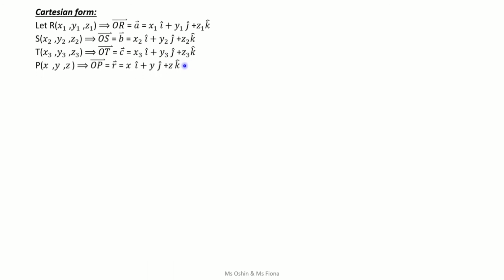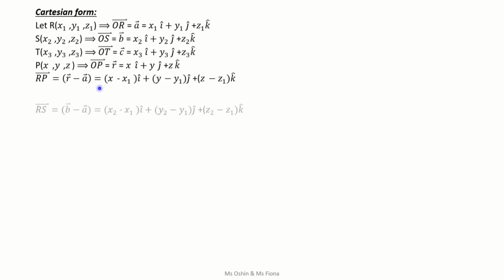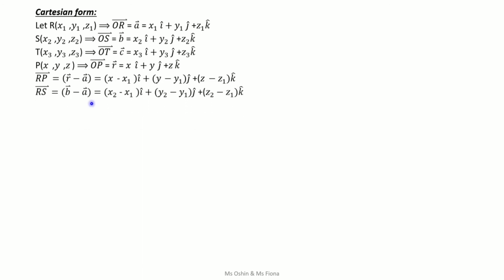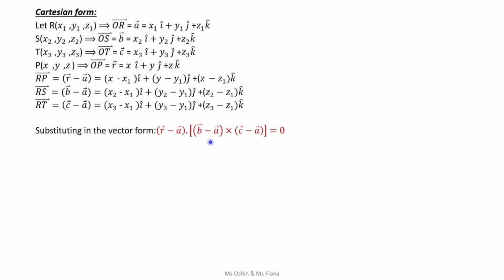Let's take P, the arbitrary point, as x, y, z. So we have vector r is equal to x i cap plus y j cap plus z k cap. Now, let us find what is vector r minus vector A, vector B minus vector A, and vector C minus vector A. Let us substitute all this in the vector form.